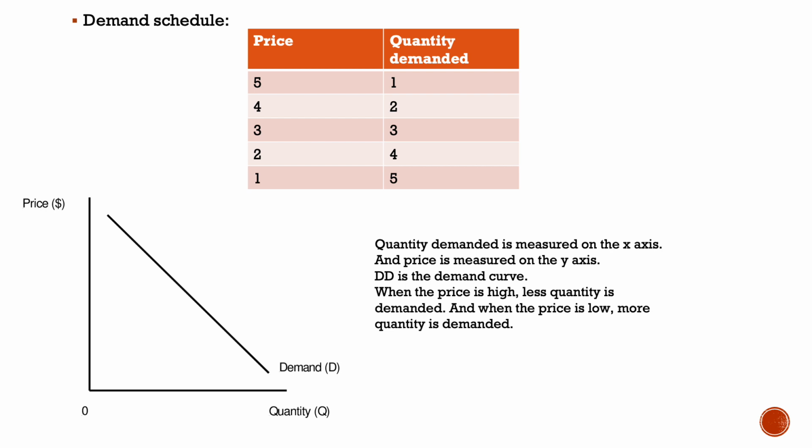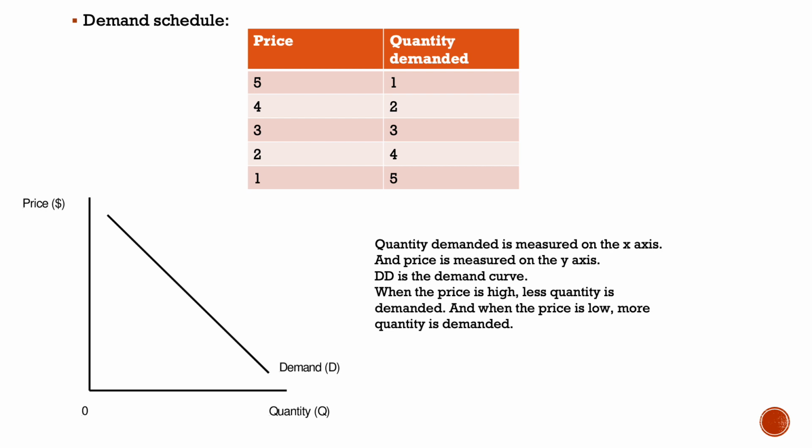So using this table, we can draw the demand curve wherein on the x-axis we are supposed to measure the quantity and on the y-axis we are supposed to measure the price. So quantity demanded is measured on the x-axis and price is measured on the y-axis. D is the demand curve.